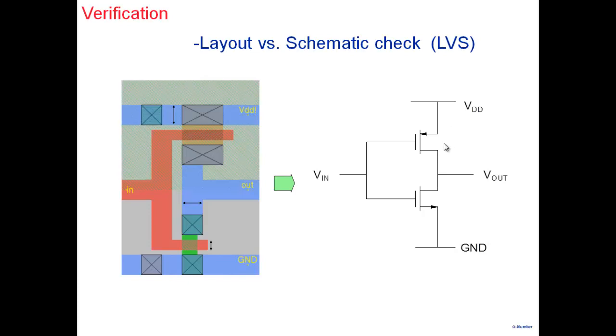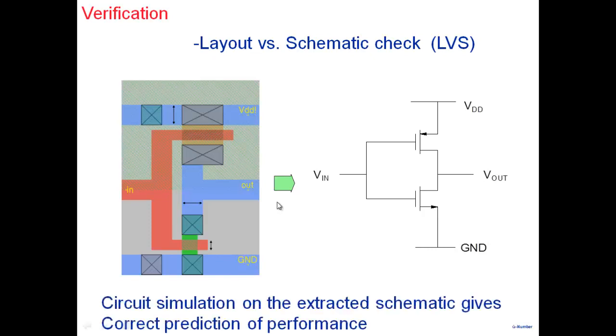So at this stage, you know that your inverter occupies so much area. At this stage, you know how much delay is available. So your final chip performance is available at the end of the layout phase, right? And at the end of the layout phase, if your luck is not right, you made bad decisions, you find you don't meet the area constraints. You need to go back to an earlier stage and fix it, okay?